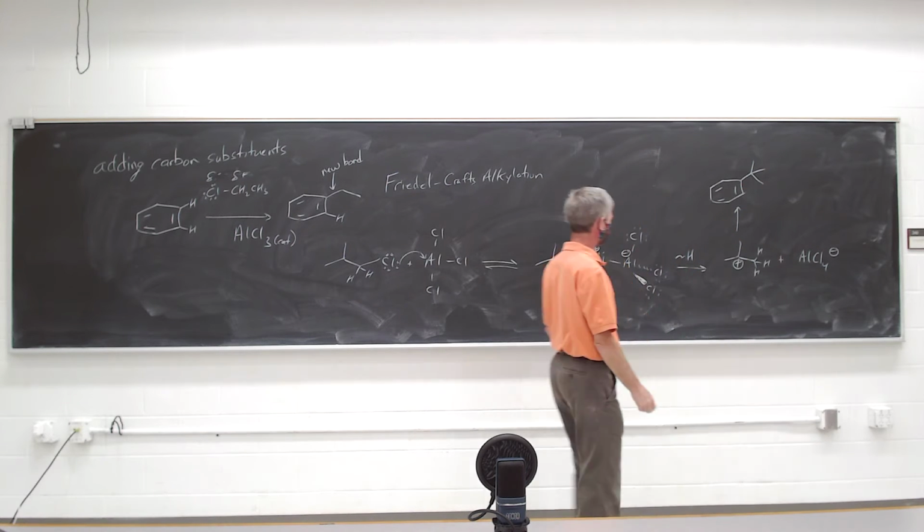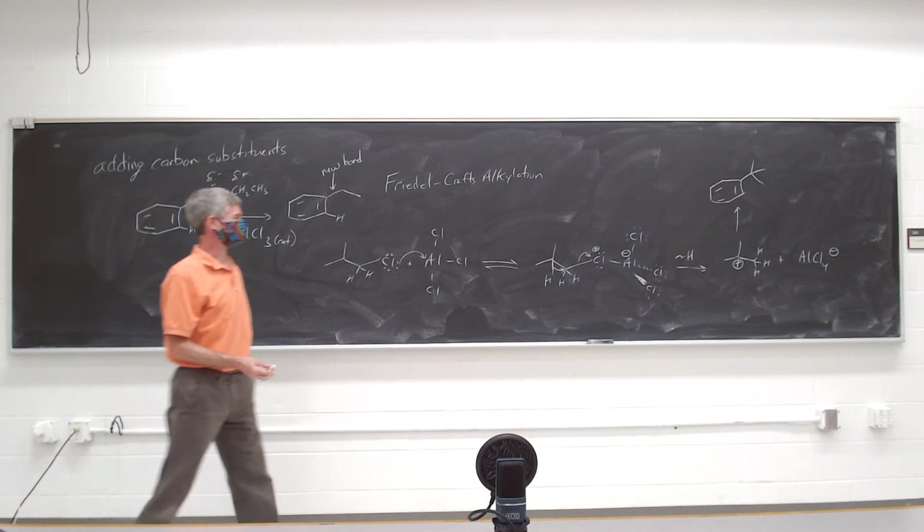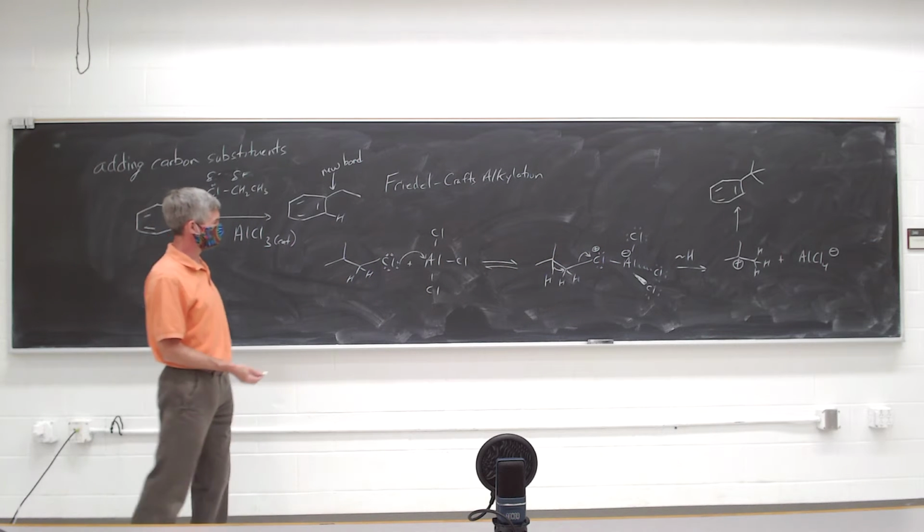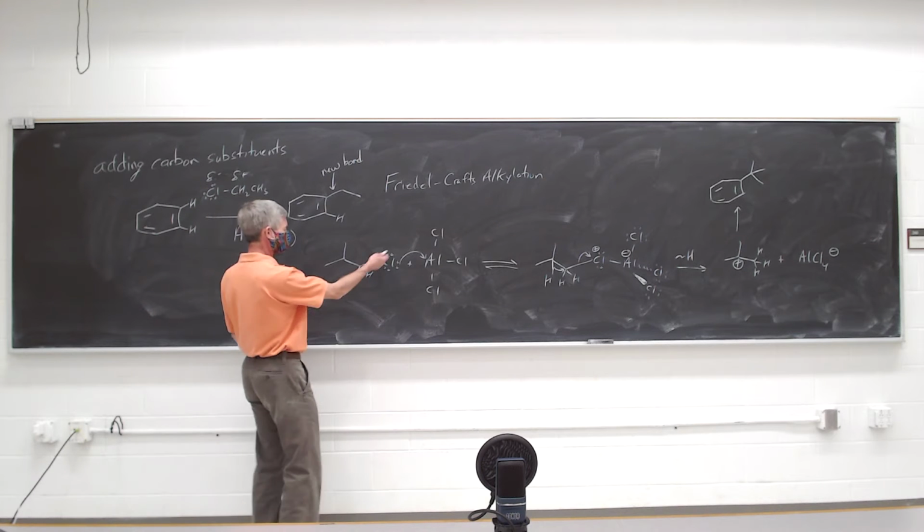But it would not be fine if what we wanted was isobutylbenzene. So carbocation rearrangement can't be prevented because you can generate carbocations.